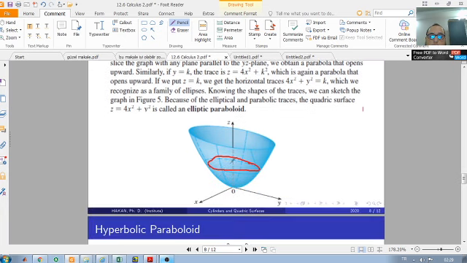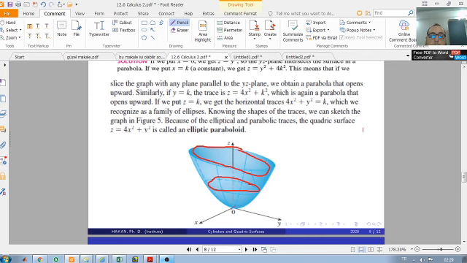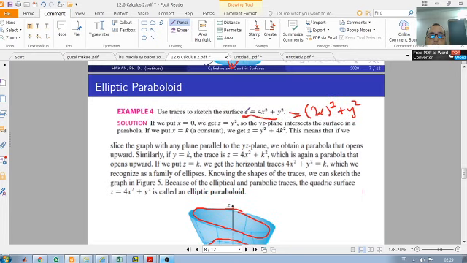Therefore, the size of the ellipse will be increasing along the z-axis when we move it up. Okay, and you see we don't have any graph for the negative side of the z-axis, since it cannot be negative.